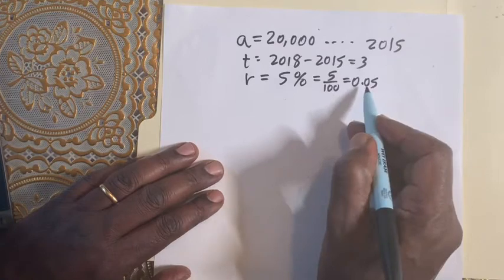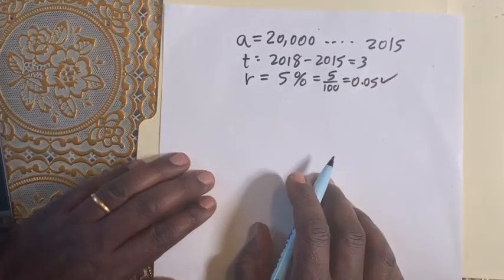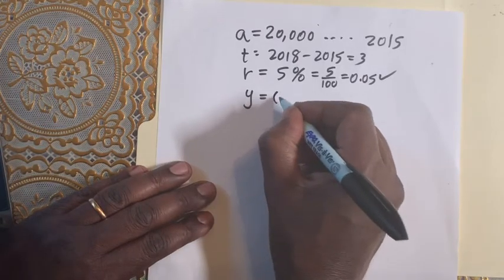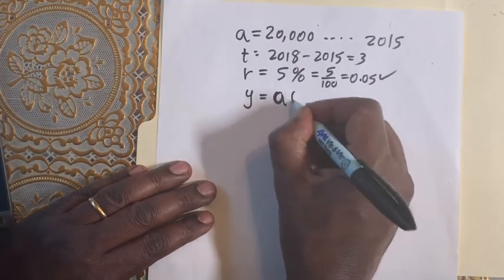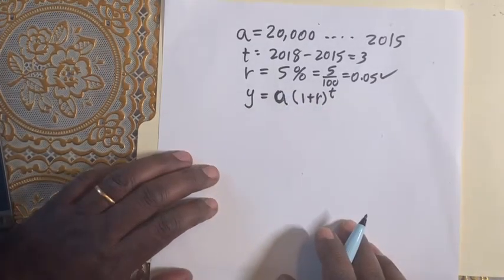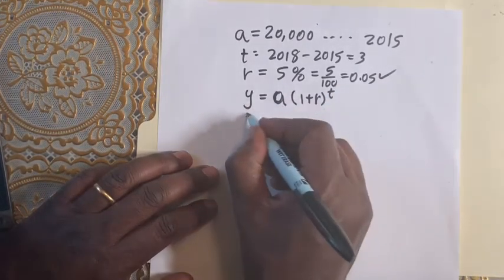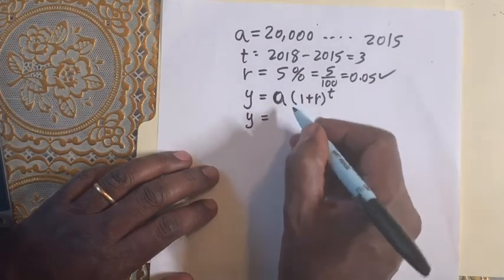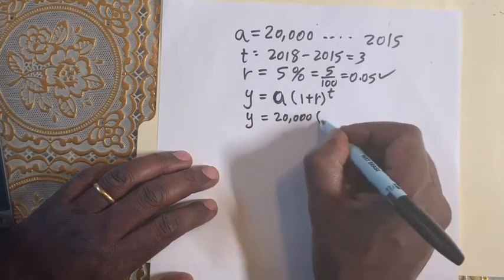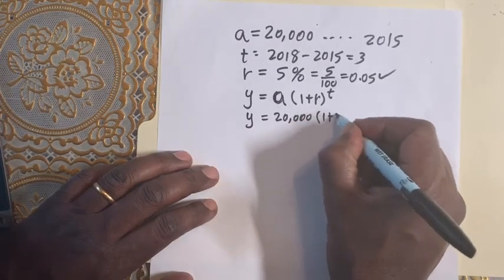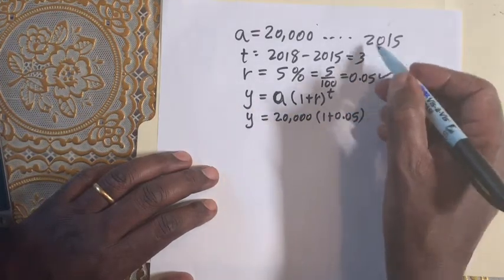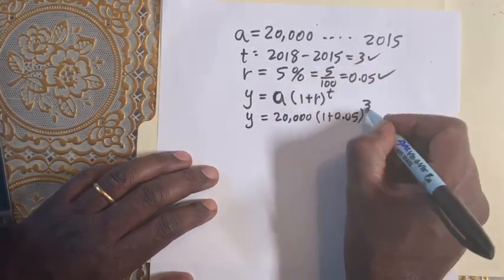We are using this in our formula. So y equals a, which is the initial amount, times 1 plus r to the power of t is our formula. So we are replacing the appropriate values. For a, we replace 20,000. For r, we replace 0.05. For t, we replace 3.